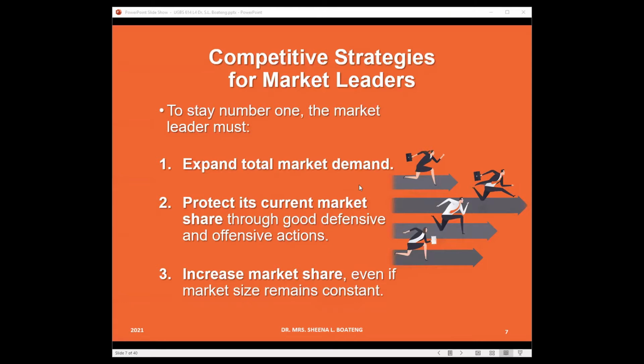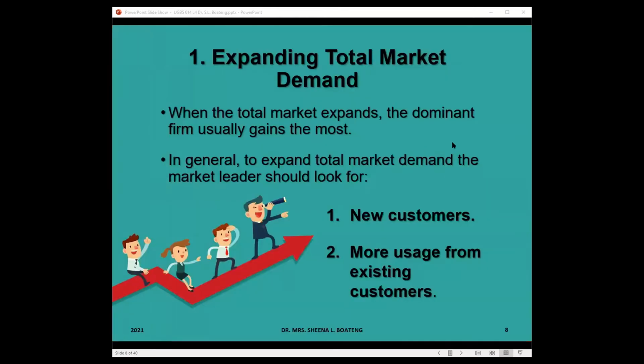And we will begin with expanding total market demand. Now, when we talk about expanding total market demand, we are talking about when the total market expands in terms of how much the market leader can sell in the marketplace over other competing firms within the same sector or industry.